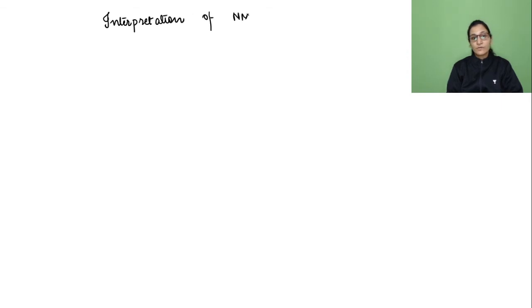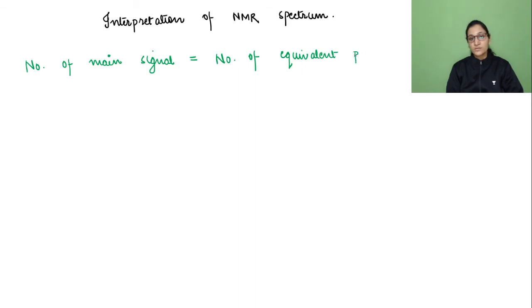Interpretation of the NMR spectrum: first of all, the number of main signals is equal to the number of equivalent protons in an unknown compound.